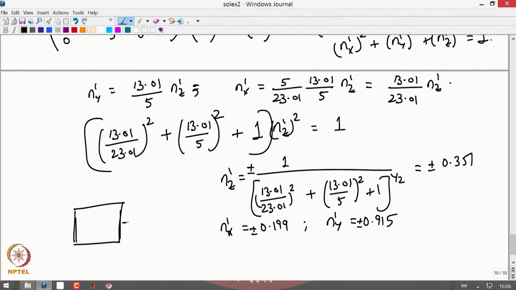Okay. I can take this as n z1 or I can take this as n z1, right. Both of them are equal in magnitude but opposite in direction, and the stresses will be the same. Okay. So, that is what you have this plus or minus coming in there. This is the way you find the principal directions. Similarly, you can substitute lambda 2 instead of lambda 1 and you can find the other two principal directions. Okay. We will stop here.